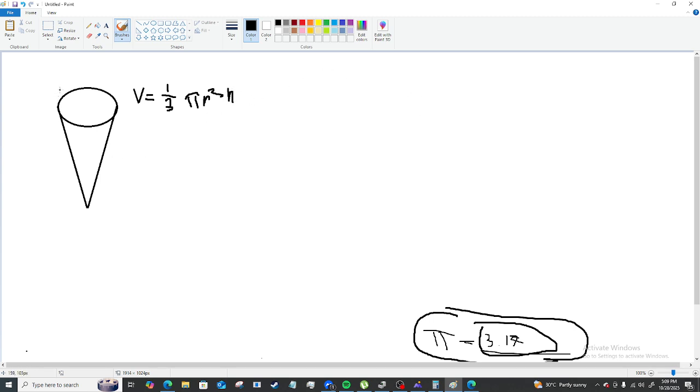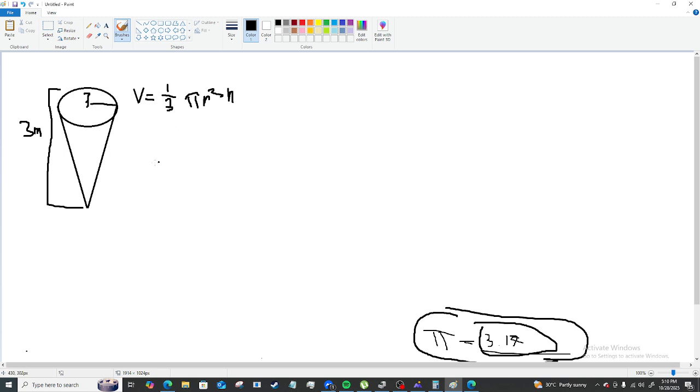Let's find the height for this. Do 3 meters. Radius will be 3. So the diameter is 6.